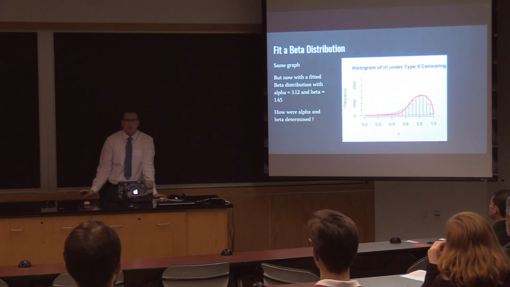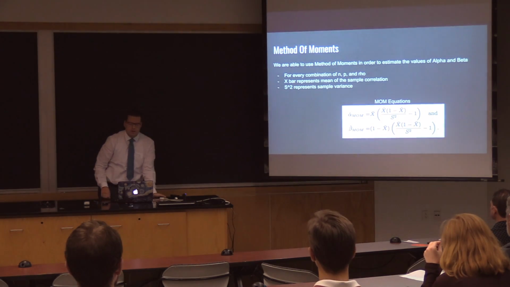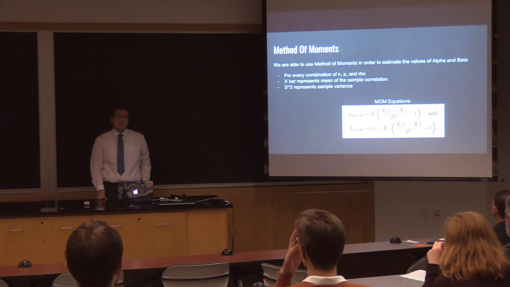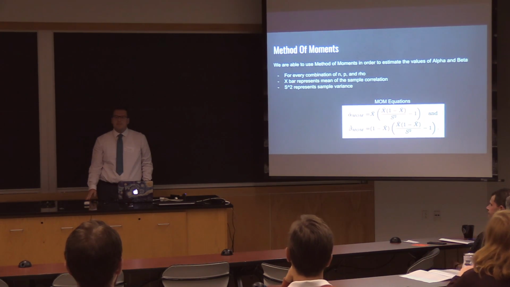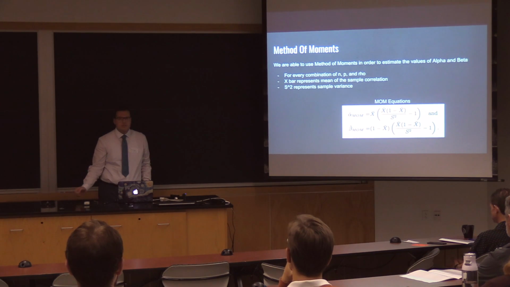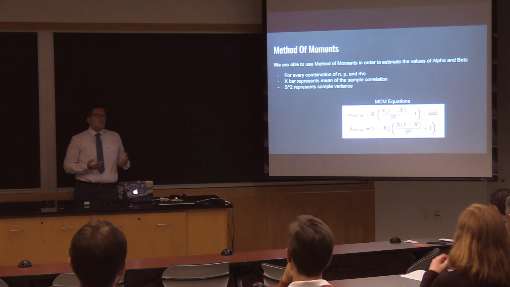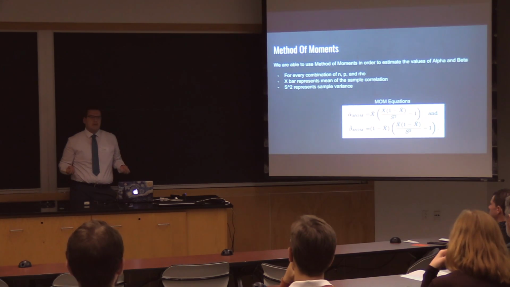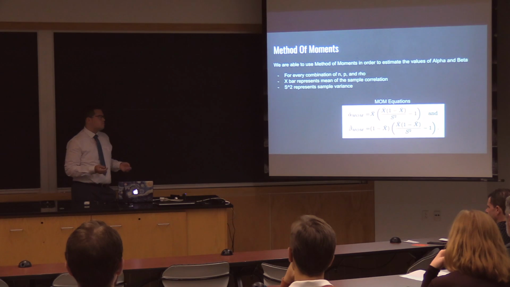You may be wondering, how did we get those parameters? In order to do that, we use the beta distribution's method of moments equations, which are able to predict alpha and beta that correspond to different values of fixed n, p, and rho. So what we did was we took n, p, and rho, and we created 1,000 different values of the absolute value of correlation.